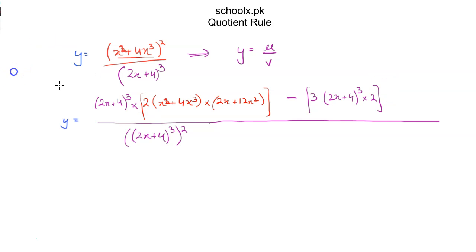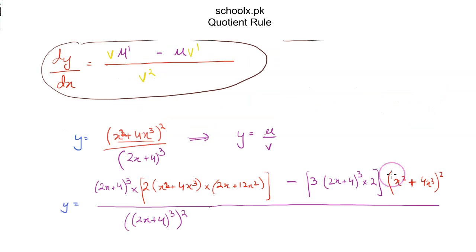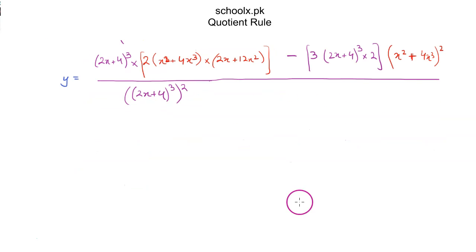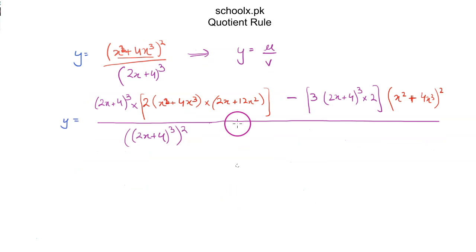Now u is x square plus 4x cube, squared, not x cube, I keep saying x cube. Alright, so this is our answer right here.